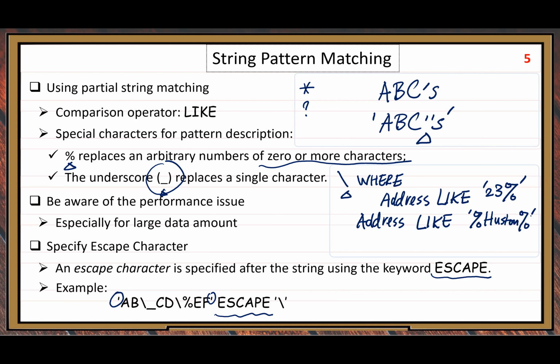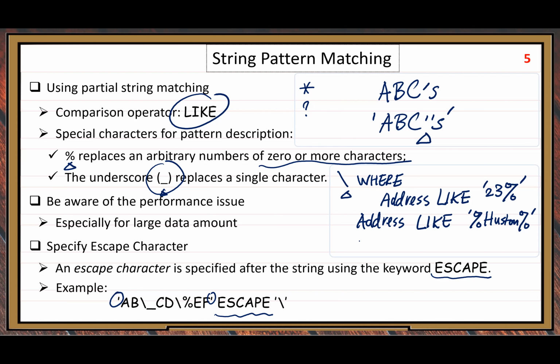This like operator is usually used for this kind of simple partial matching: left partial matching, right partial matching, and middle partial matching, these three cases. Or you can combine both left and right. Think about that.